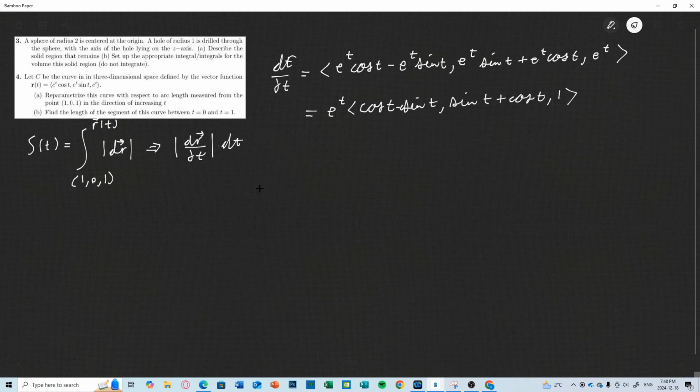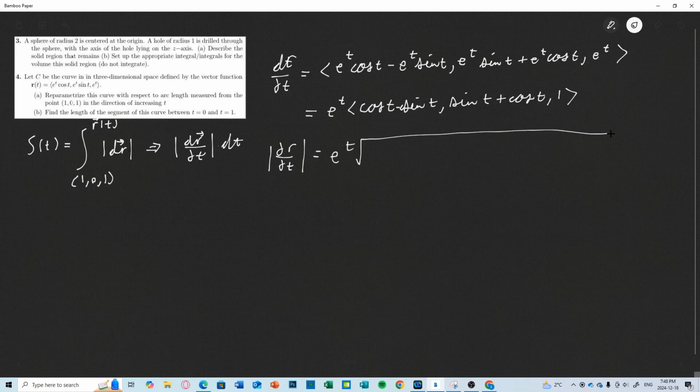But if you notice, we need the magnitude of dr dt, not just the derivative. So now we need the magnitude of dr over dt. And since it's going to get all terms squared and square rooted, we can just take out the e to the t, because it would just become e to the 2t, but square rooting it just keeps it as e to the t.